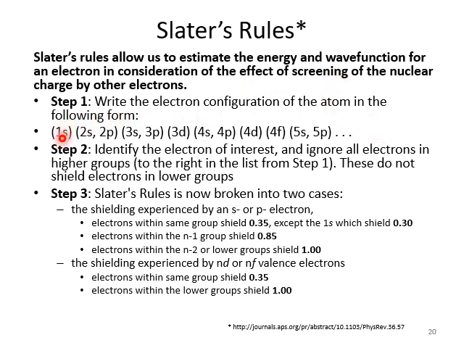Slater says, go ahead and write out the electron configuration in the following form. 1s electrons form a shell. 2s and 2p form a shell together. 3s and 3p form a shell together, and 3d sits somewhat outside of the 3s and 3p orbitals. 4s, 4p, 4d, 4f, and so on.